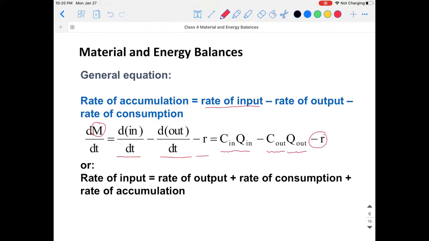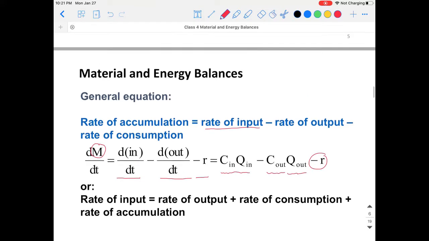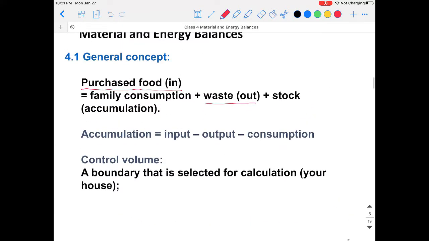So this is a more mathematical way to represent this mass balance. Or we can build a relationship with a few rearrangements: the rate of input is equal to the rate of output plus the rate of consumption plus the rate of accumulation. This is the same as the equation here.